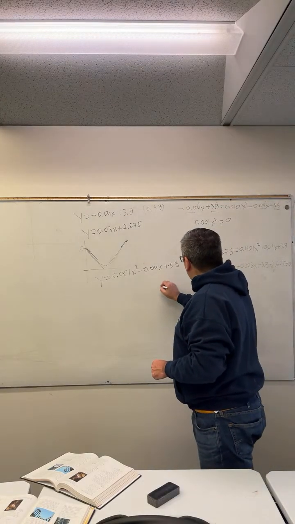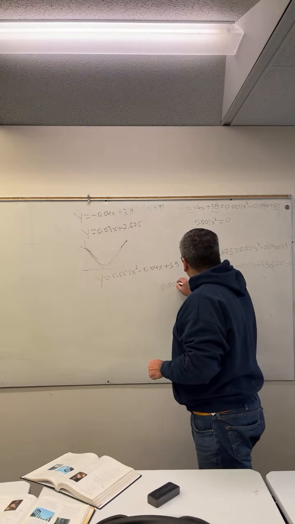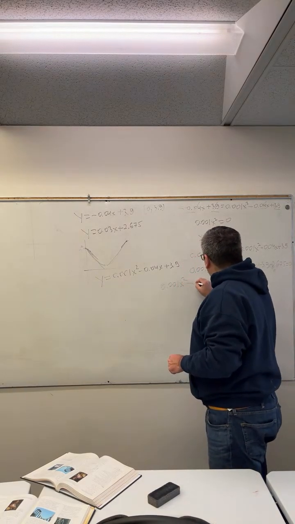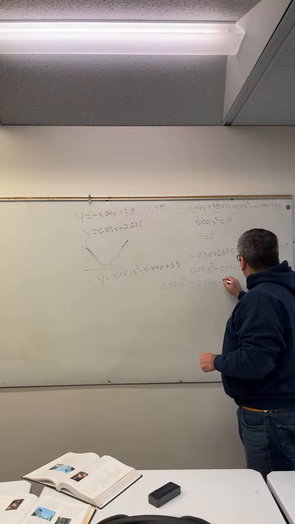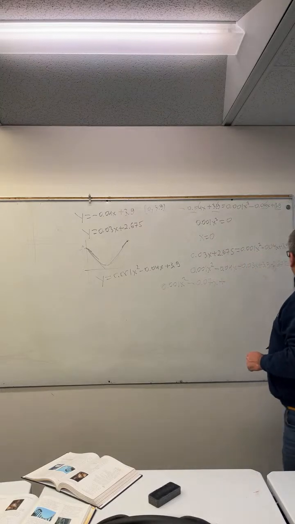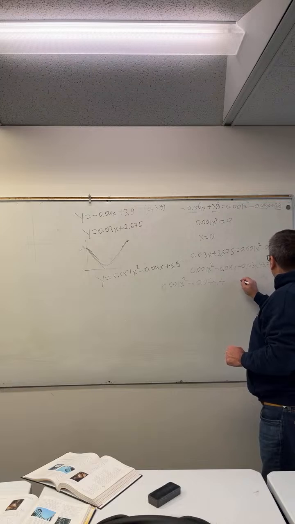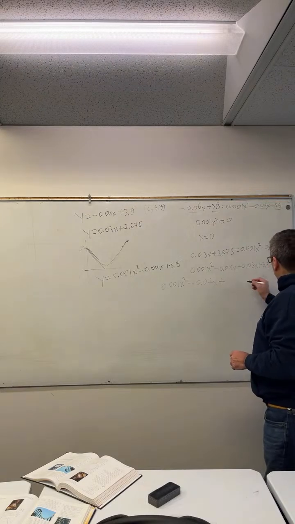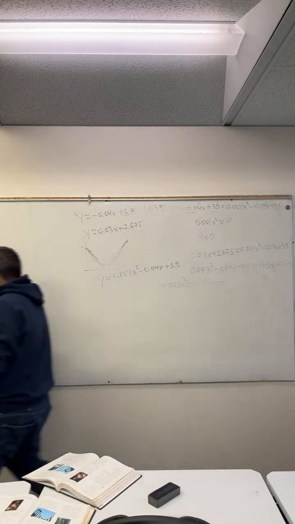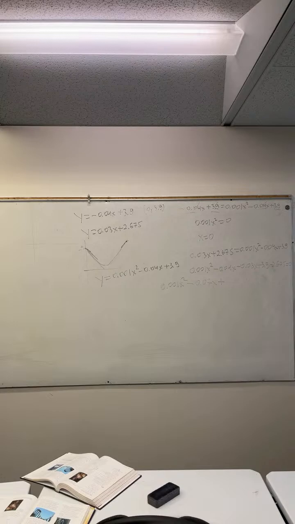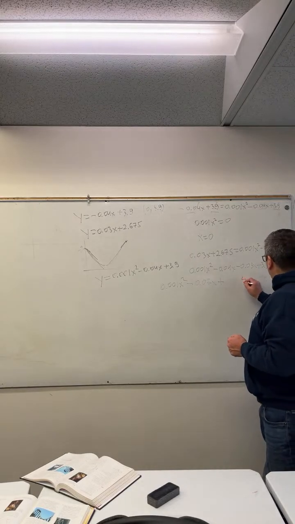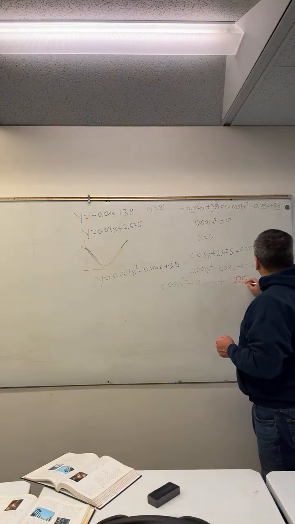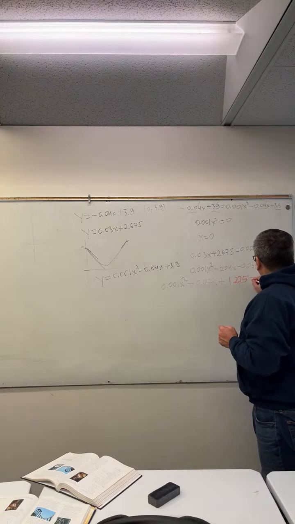Then we have 0.1x squared, so here we have negative 0.7x plus 1.2259... equals 0.